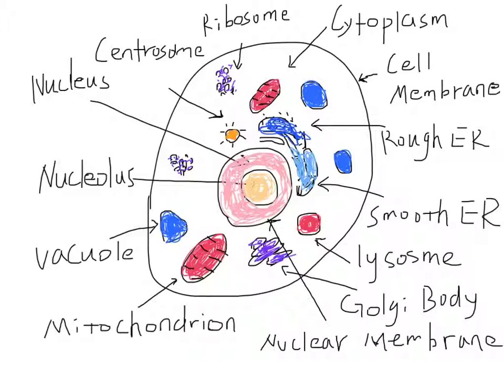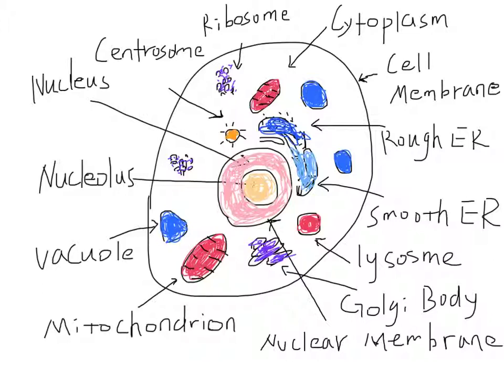Rough ER is covered with ribosomes that give it a rough appearance. Rough ER transports materials through the cell and produces proteins in sacs called cisternae.